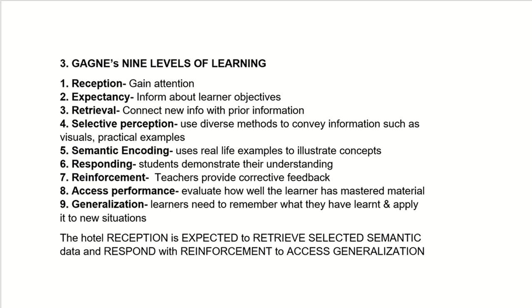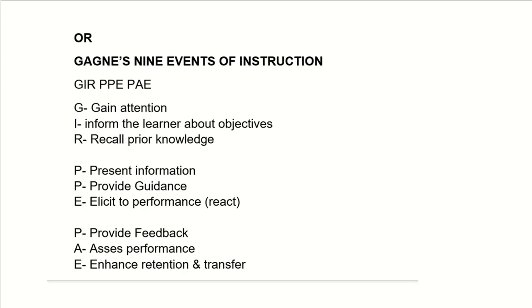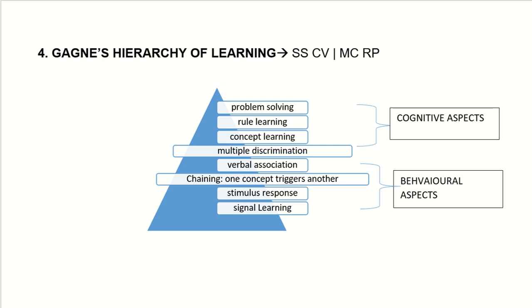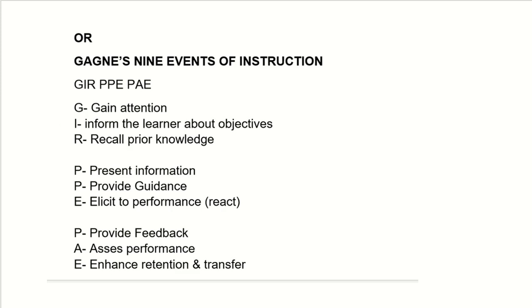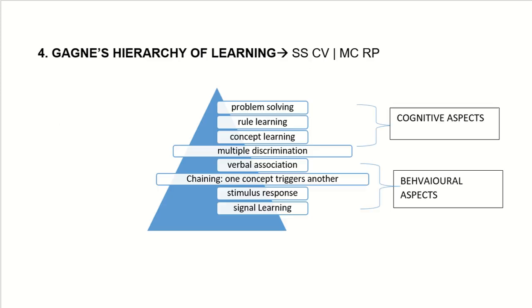Then again, reinforcement, access performance and generalization. Then 9 events of instruction, and then we go back to Gagne's hierarchy of learning. All this, the last one was about instructing. This model is of learning, 9 levels of learning. This is 9 events of instructing. Now again, hierarchy of learning.